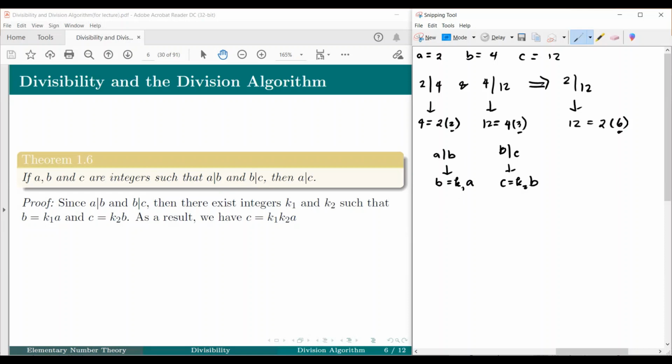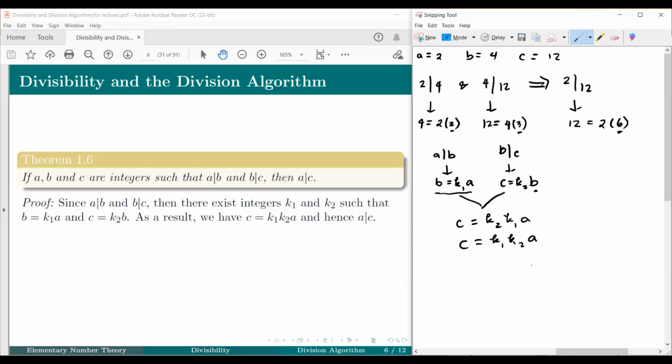Then if we substitute b here, c is equal to k2 times k1a, or we can rewrite this as k1 k2 a, applying commutativity. So we have c equals k1 k2 a.